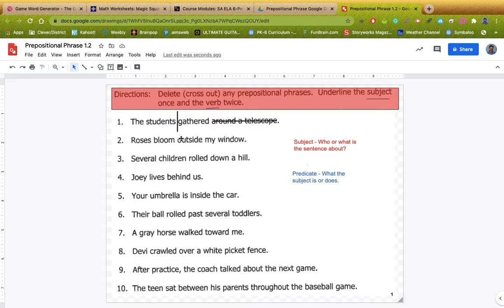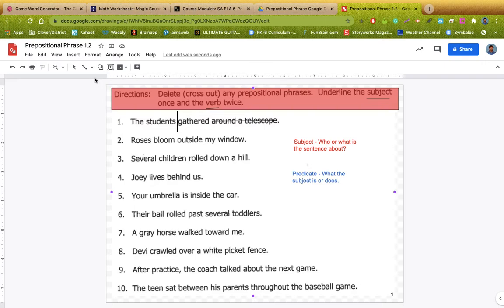Okay, let's do the second one together as well. If you look at number 2, it says roses bloom outside my window. The very first thing you need to do is cross out the prepositional phrase. So, look at your list. Which word in this sentence is a preposition?